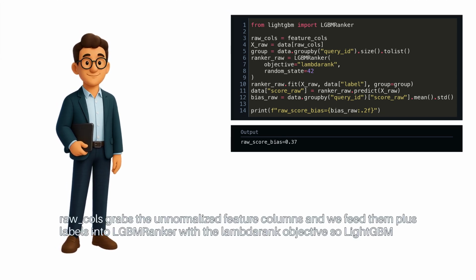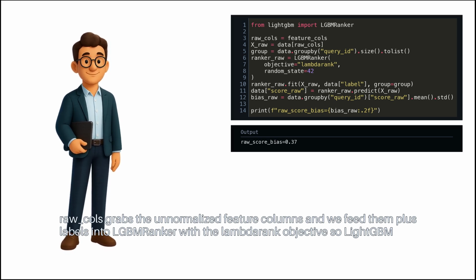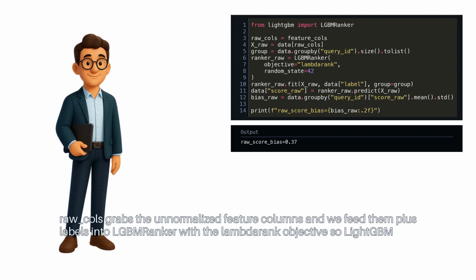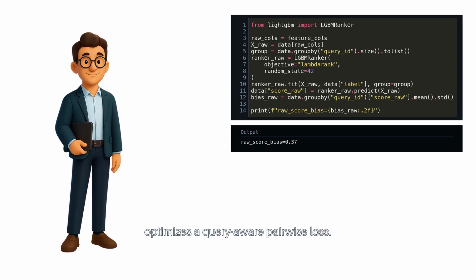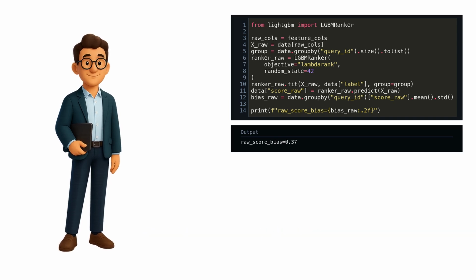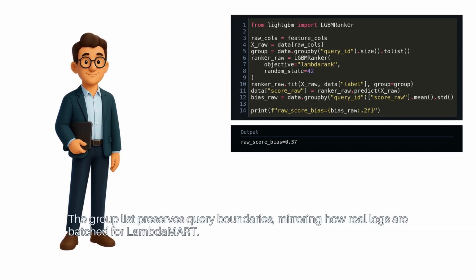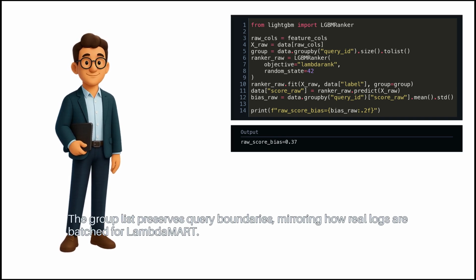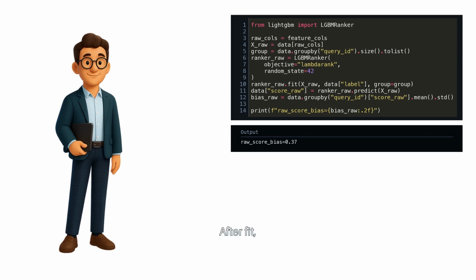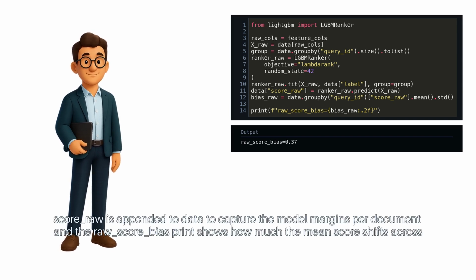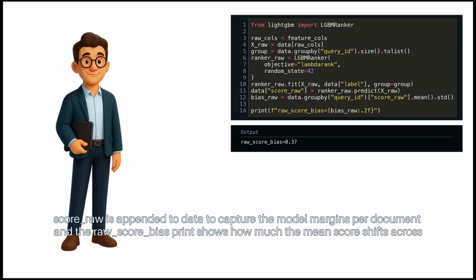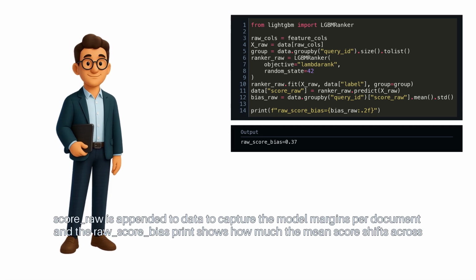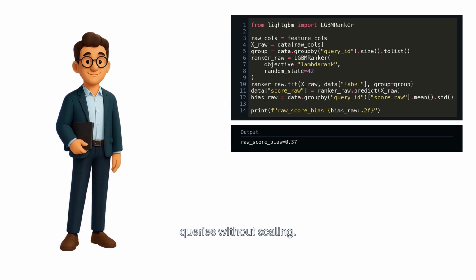Raw calls grabs the unnormalized feature columns, and we feed them plus labels into LGBMRanker with the LambdaRank objective, so LightGBM optimizes a query-aware, pairwise loss. The group list preserves query boundaries, mirroring how real logs are batched for LambdaMART. After fit, score raw is appended to data to capture the model margins per document, and the raw score bias print shows how much the mean score shifts across queries without scaling.